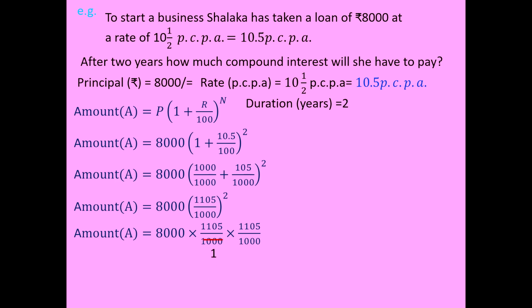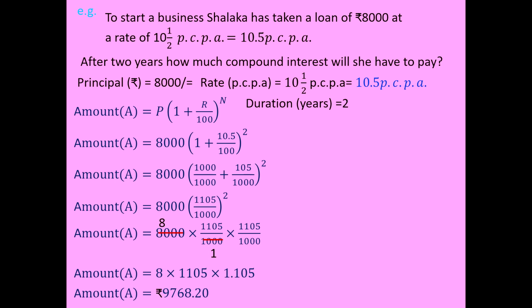Now cancellation, so the 1,000 will get cancelled with the 8,000, and then we will multiply by converting them into decimal form. We got the amount as 9,768 rupees and 20 paise.